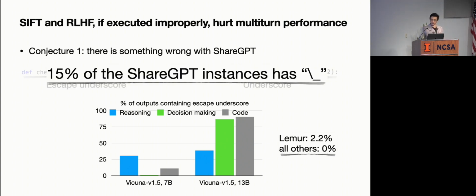It turns out that 15% of the instances from ShareGPT include escape underscores. We conjecture that this issue is an undesired artifact caused by their data pre-processing and has been negatively impacting the open source models, especially on code generation performance.